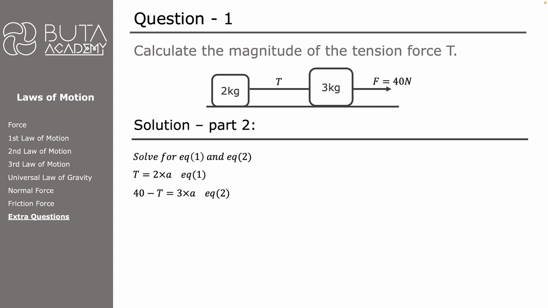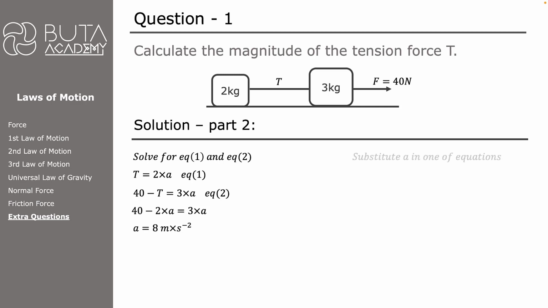Even though it's possible to calculate the value of tension force from these two equations, it's not always the shortest way. Thus, we will first calculate the acceleration. We can substitute tension force in the second equation with 2 times a. Acceleration of the system is equal to 8 meters per second squared.